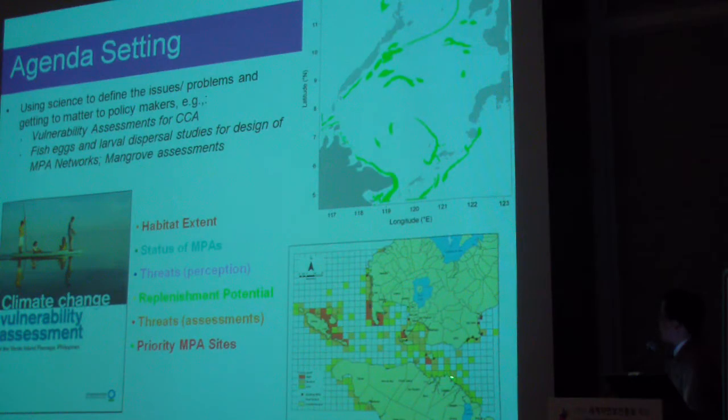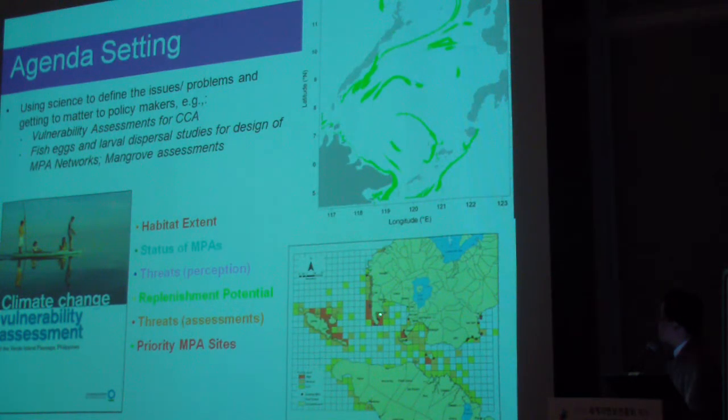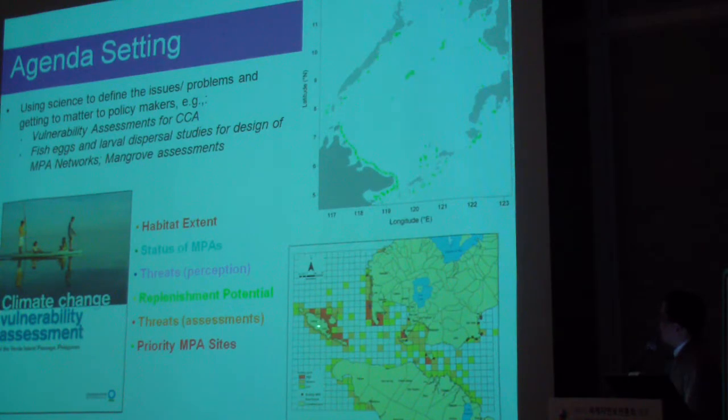We had a lot of perception surveys and community dialogues with the different fishing communities, trying to understand the different levels of threats. We tried to understand the replenishment potential of the fishery in this area, and we did another round of threat assessment, and eventually we came up with priority marine protected areas, those that are marked in red.